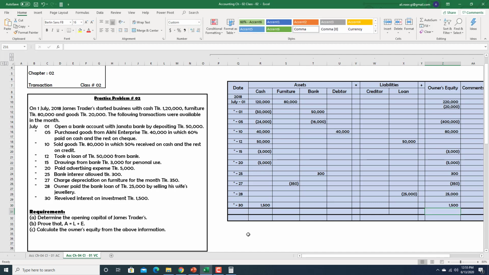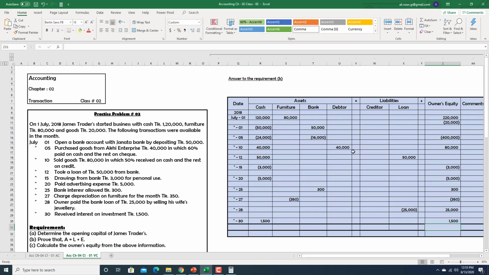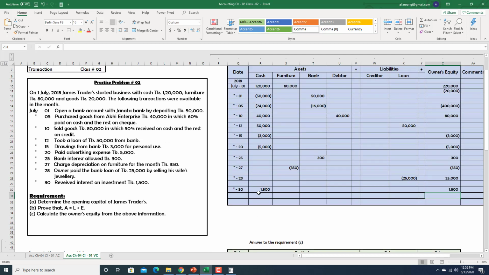Okay, so here are all the transactions inputted in our tabular format. So we can sum all the categorized accounts.